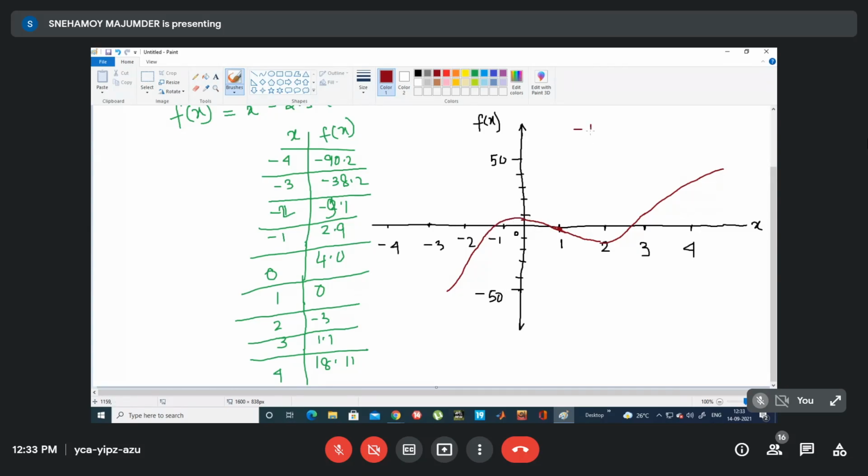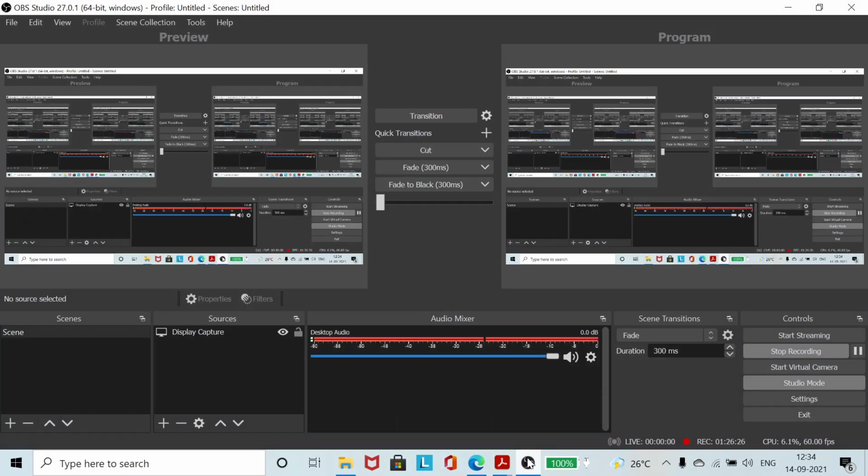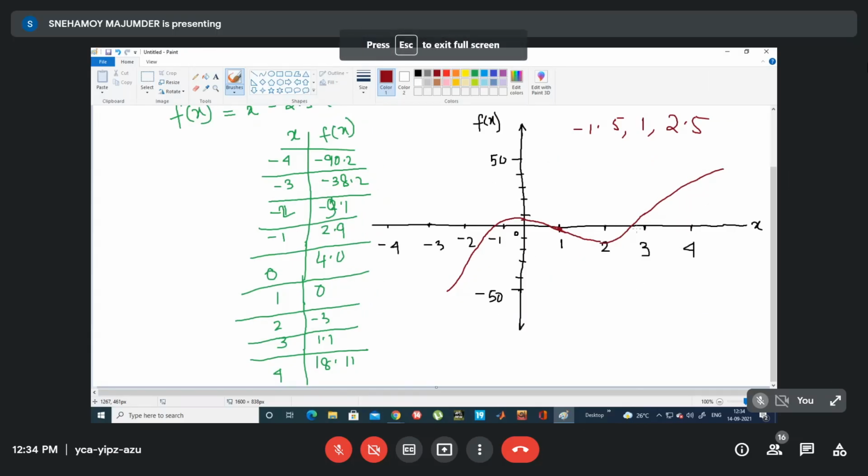So the solution is coming near 1.25 or 5, I think 5 it is. 1.5, minus 1, 2.5, nearly that. But it is a graph, you cannot have it exactly. So you have a rough estimation of where it can be 0.